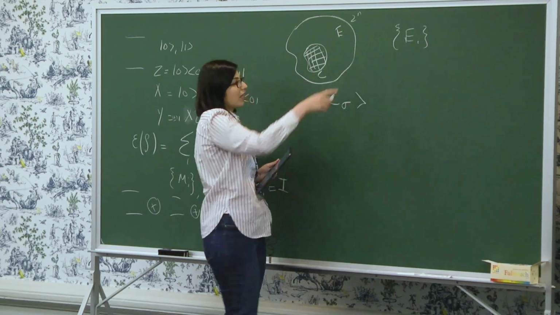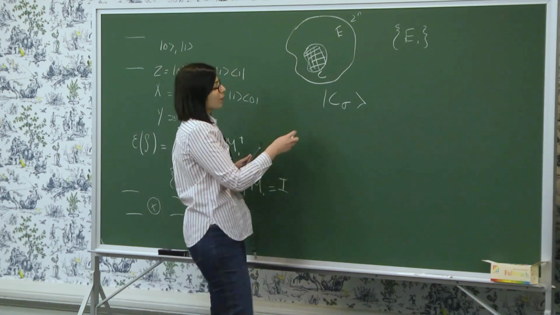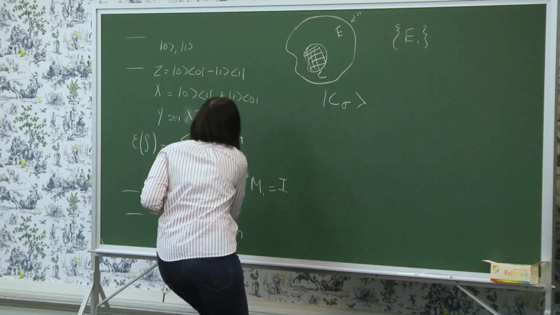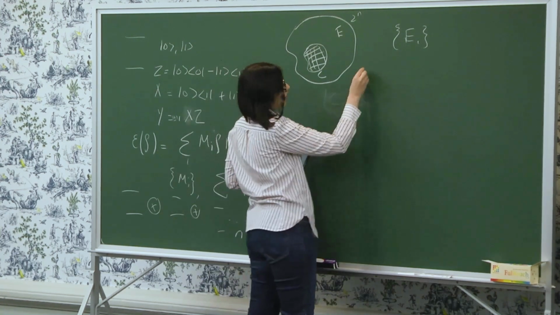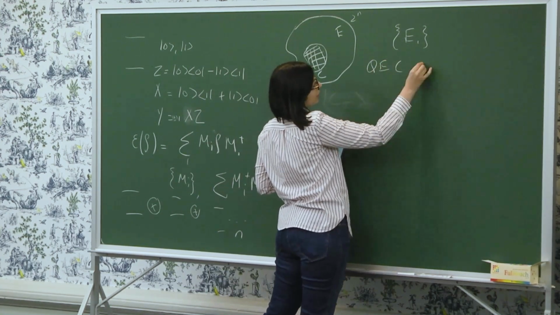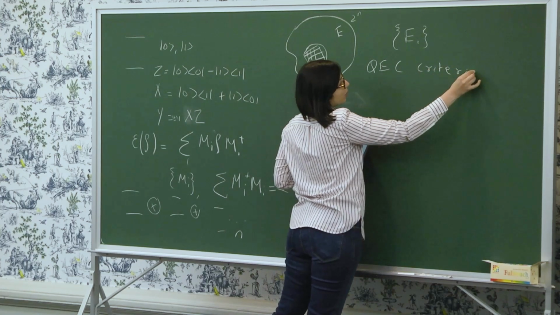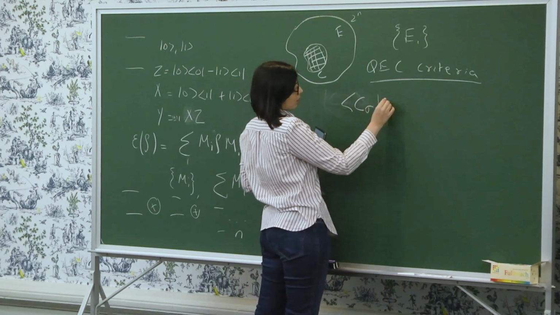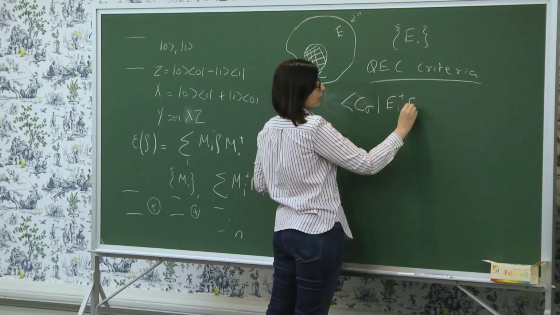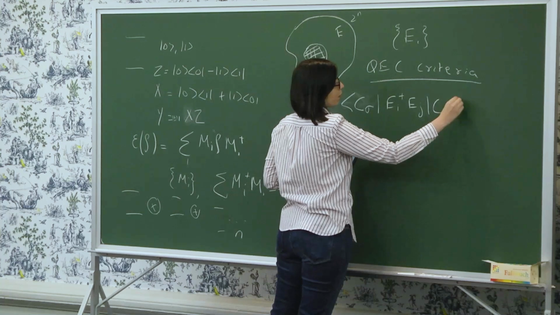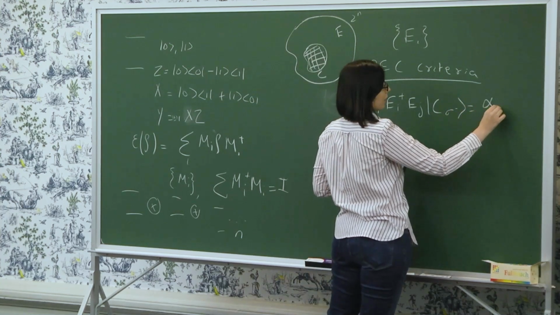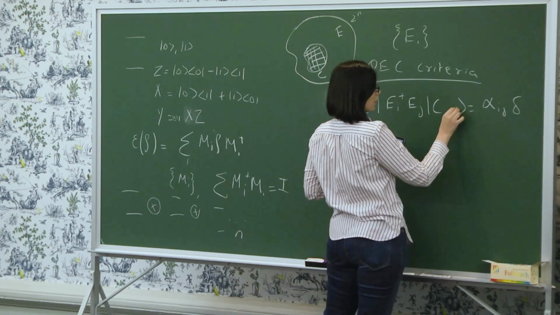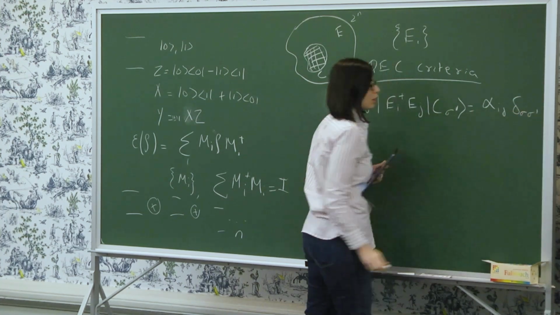So for these errors E_i to be correctable, you'll have to satisfy the quantum error correction criteria, also known as the Knill-Laflamme condition, which is that you would want <C sigma| E_i dagger E_j |C sigma prime> to be some alpha_ij delta_sigma sigma prime.